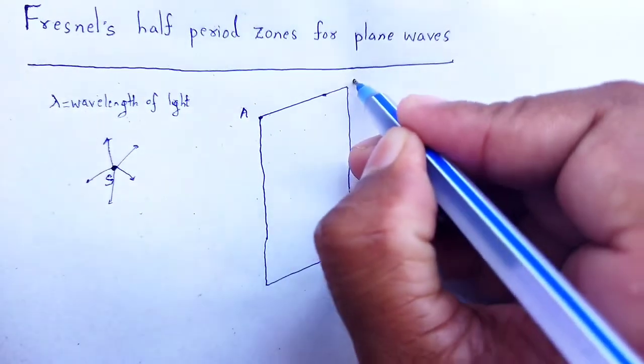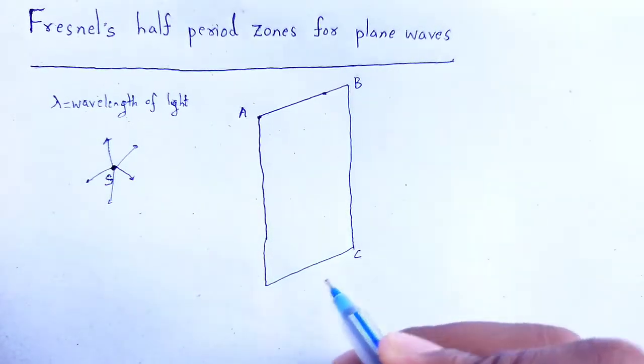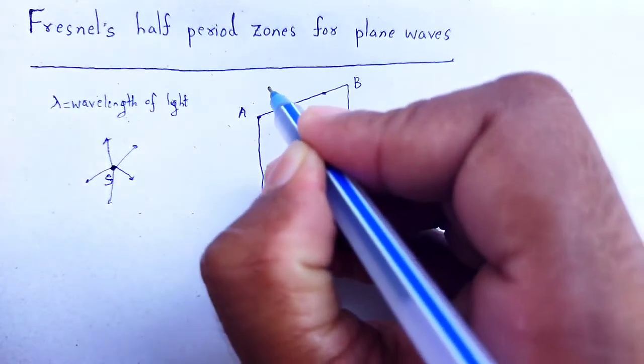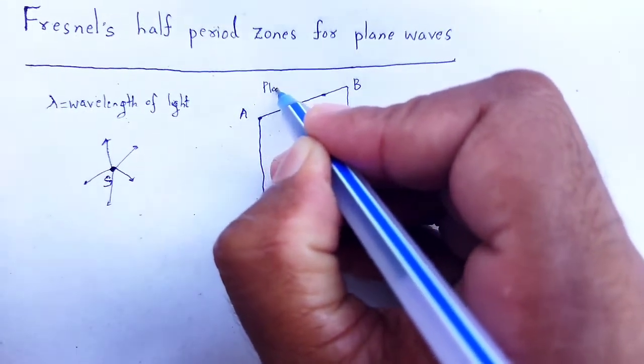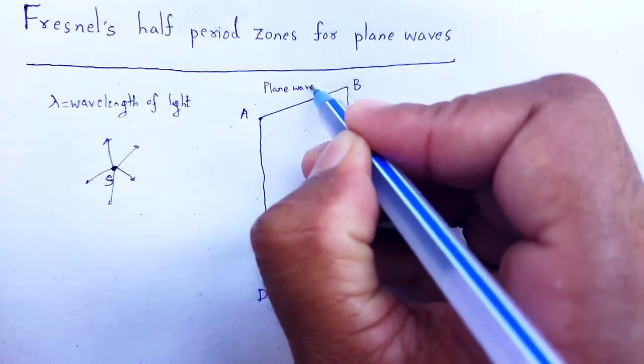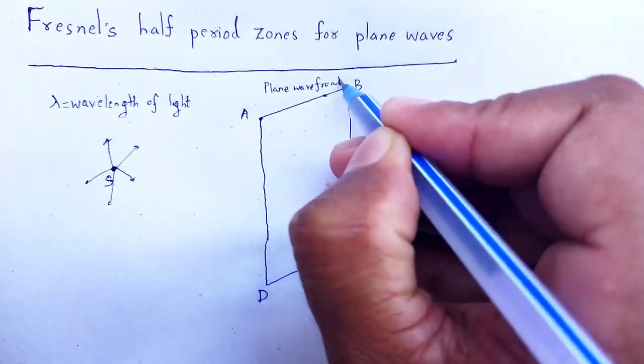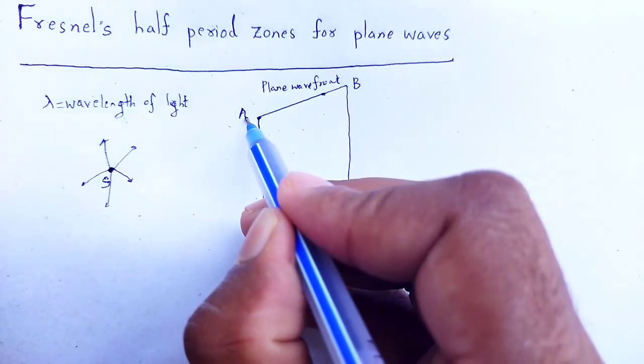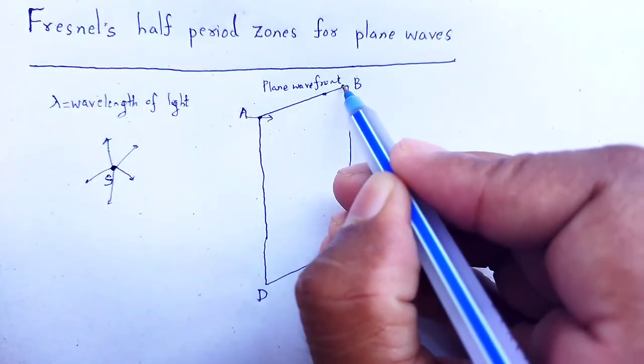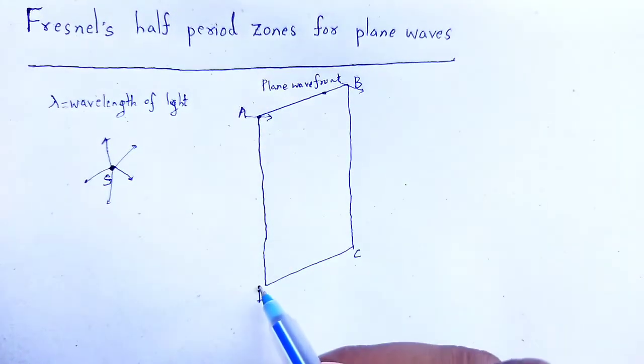ABCD is a plane wavefront. That is the direction of propagation of light.